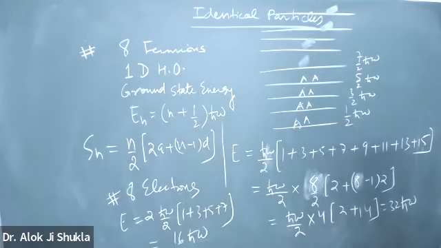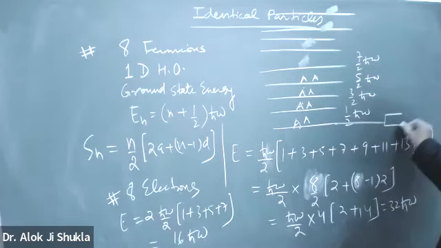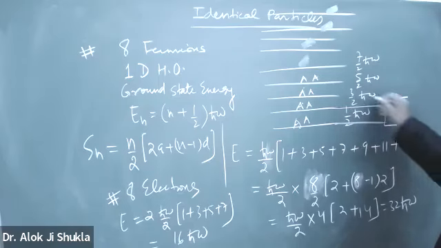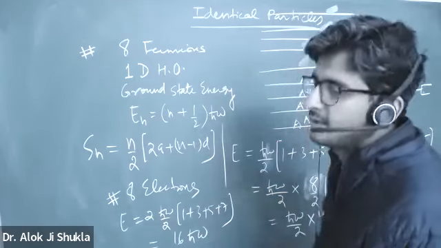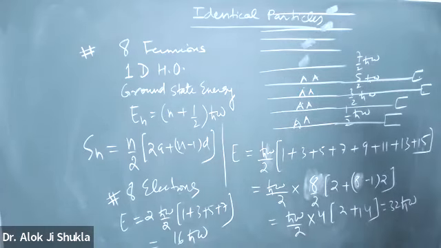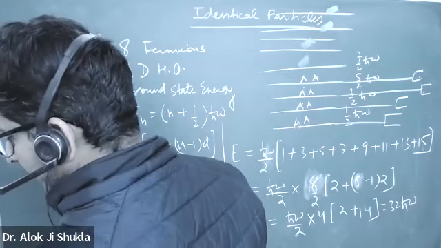Because every state becomes doubly degenerate, corresponding to spin half, 2 electrons here, 2 here, 2 here, 2 here. So 8 electrons will be accommodated up to here. And your ground state energy reduces because of the degeneracy, because now more electrons can be accommodated using Pauli's exclusion principle. Clear?